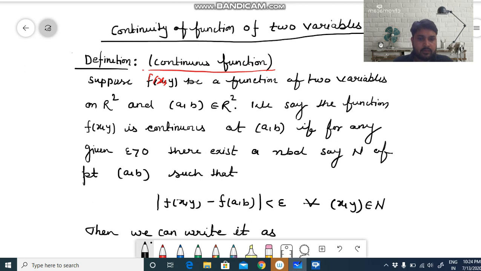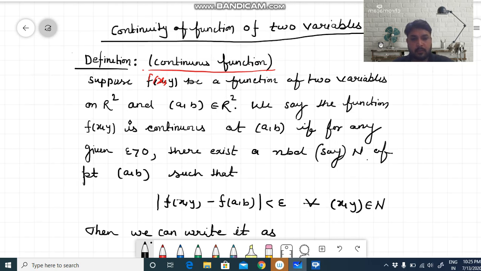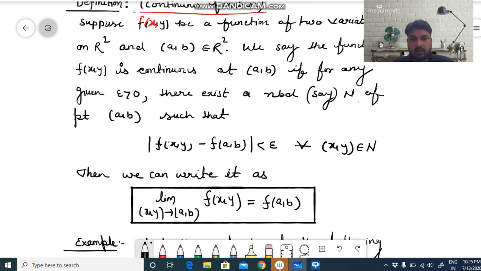We say the function f(x,y) is continuous at point (a, b) if for any given epsilon greater than 0 there exists a neighborhood, say capital N, of point (a, b) such that the mod value of f(x,y) minus f(a,b) is strictly less than epsilon for all values of (x,y) belonging to the neighborhood of (a, b).